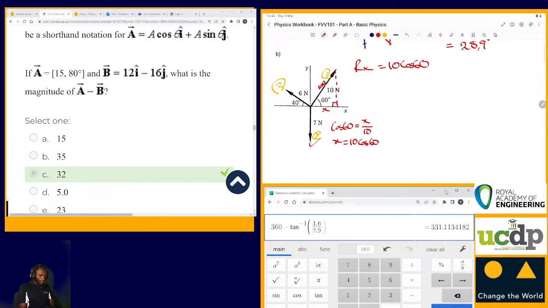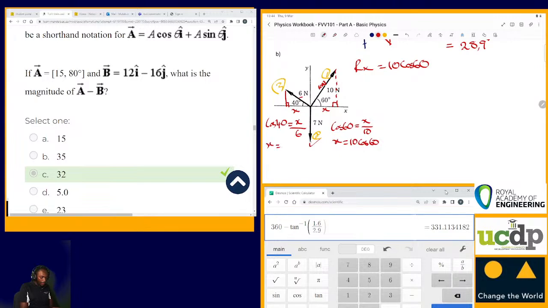We come to the second vector. This one does not contribute in the x. Then if we close there, here we've got our x, and there we've got our hypotenuse, which is 6 newtons. So we've got adjacent and the hypotenuse. So again, it's going to be cos 40. Our adjacent is x over the hypotenuse, which is 6.